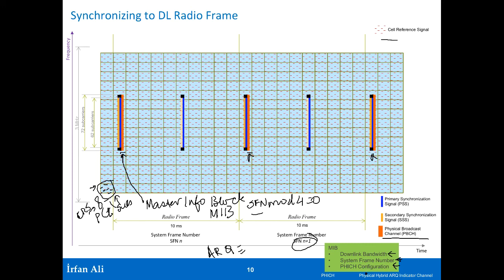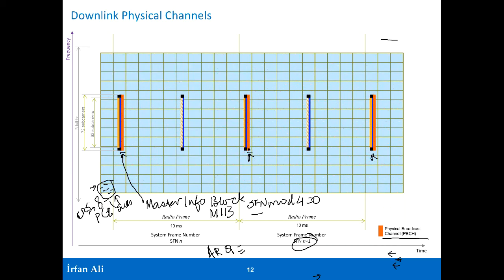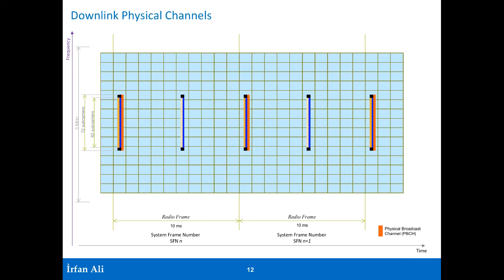And it gives some information about where certain information for the physical hybrid ARQ channel is, and once the UE is able to decode the physical broadcast channel, it is able to then decode some more information about the cell, which is there in some secondary information blocks, about which we'll go into some more details a little bit later.